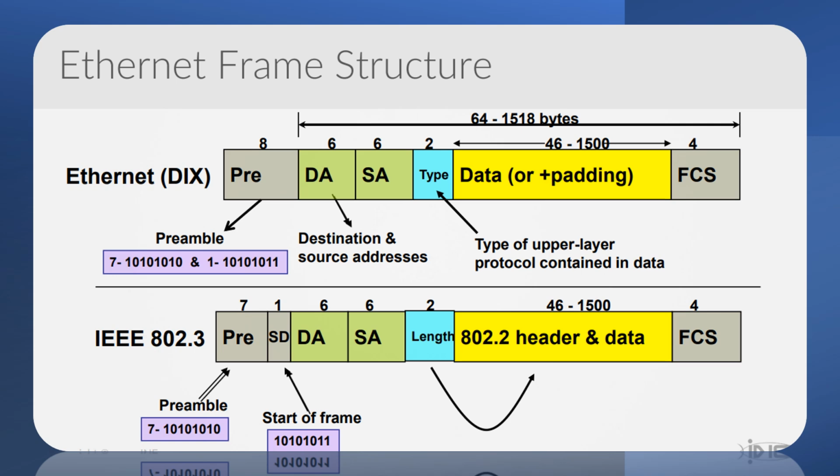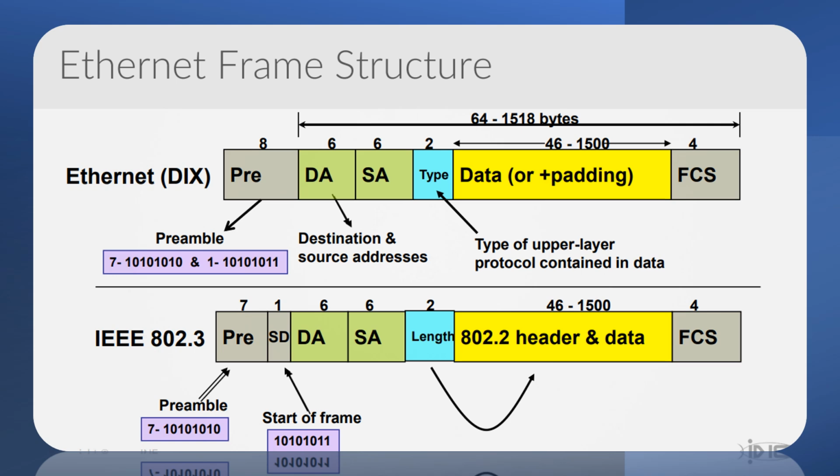You can see the first segment of the frame is the preamble, represented here as PRE. It is 7 plus 1 byte. It is assumed to be the starter of the frame.